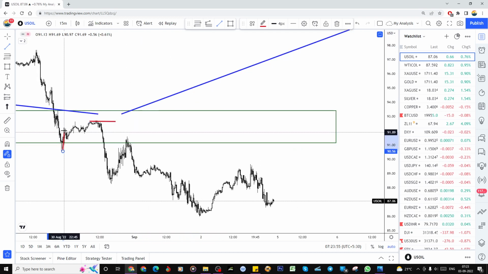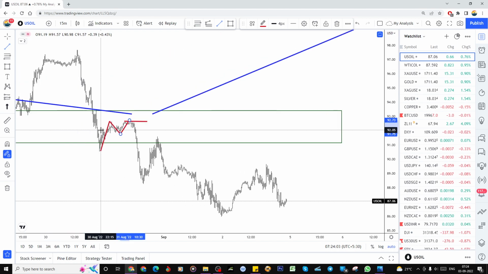It's looking like somewhat of an ABC. So once it broke the previous high, I immediately exited my position, and it is coming to rejection, and then I exited here itself. So anyway, if it is 1, 2, 3, 4, and 5 also, we can make this a diagonal pattern.